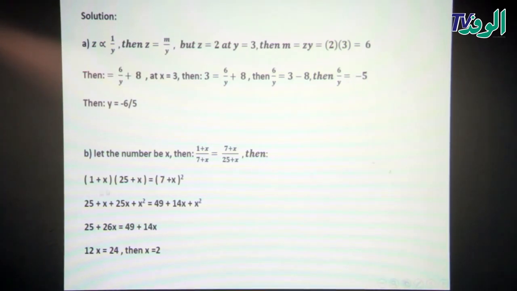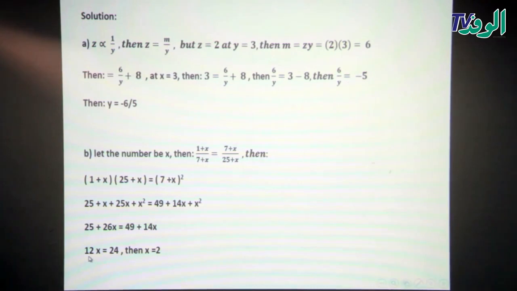Expanding the two binomials, the left hand side gives 1 by 25 is 25, 1 by x is x, x by 25 is 25x, x by x is x squared. And 7 squared is 49, 2 by first by second is 14x, plus x squared. These two are the same so they cancel. Here we combine the like terms, I mean add them: x plus 25x gives 26x. Here it is 49 plus 14x. 26x as it is; moving 14x in negative we get 12x. 49 as it is; moving 25 in negative we get 24.